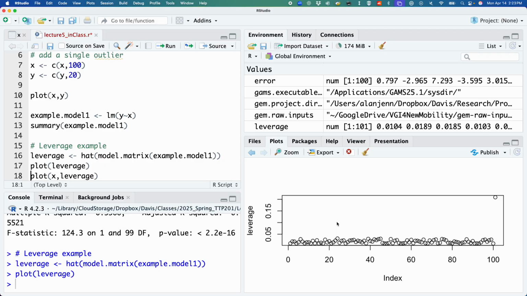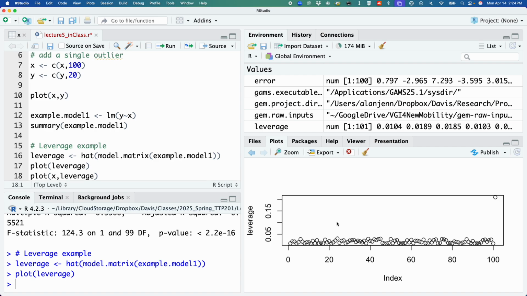Okay, and so, right, the leverage, basically, you take the original observation, and you shift that observation by some amount and see how your prediction for that value would change, right? And so for every single point you do that, and the one that's really high is the one that has what we call a lot of leverage, okay?